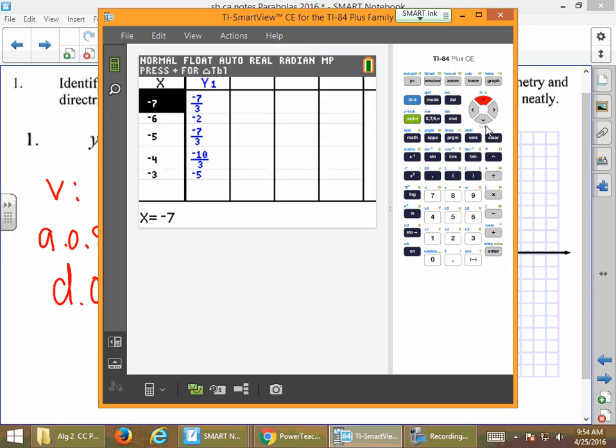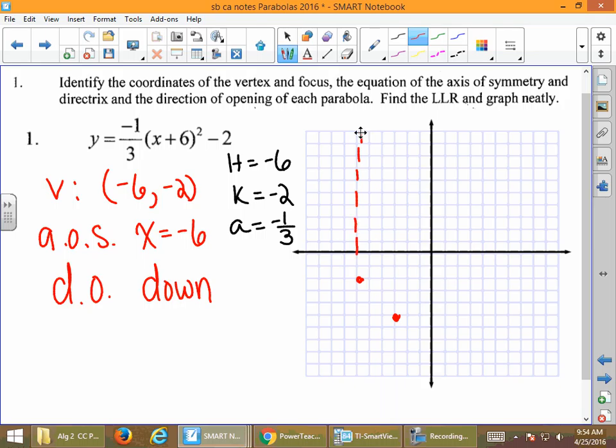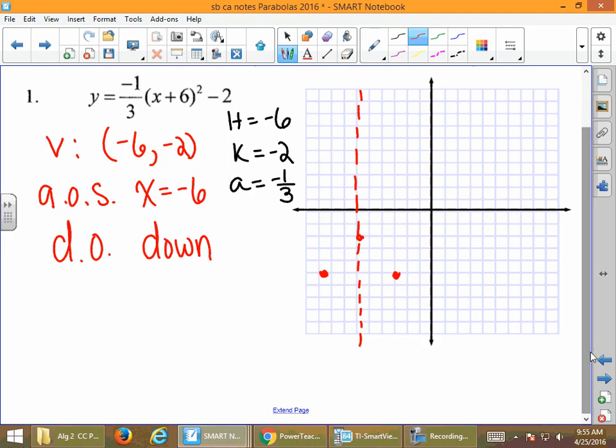But ultimately what happens here is if we draw our axis of symmetry, which is the line that goes right through the middle of the graph, this point here that we found is 3 spaces away from the axis of symmetry. On the other side of the graph, 1, 2, 3, we should have that same point. And it also happens that another point, was 0, negative 14.